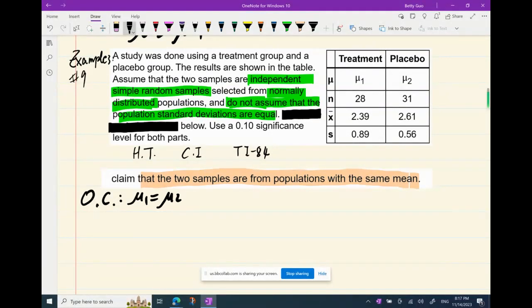That's the original claim. Based on the original claim, we can find out the null and alternative. The null always contains an equal sign, so the null is the same as the original claim: mu1 equals mu2. And can anyone tell me what the alternative is here?